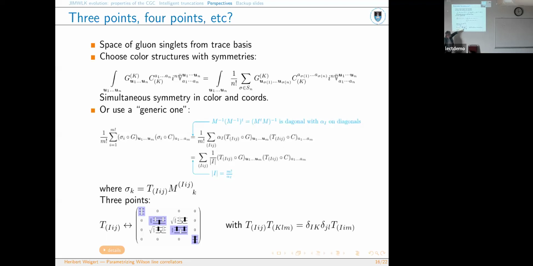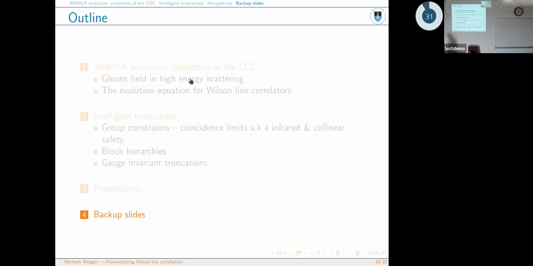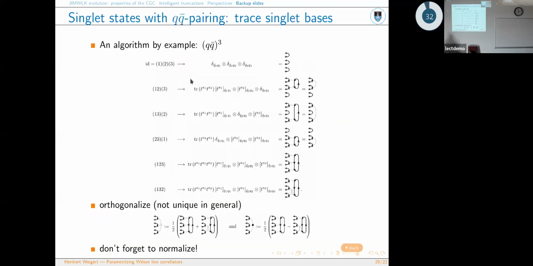These are projection operators for 3 objects. They become the objects that I can use to sort through my color states. The color states themselves I obtain from, let me go back here, I obtain from this little trick.